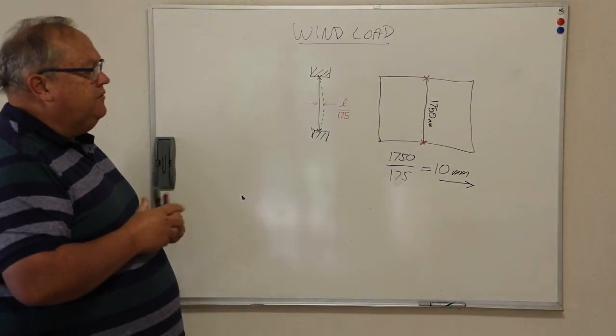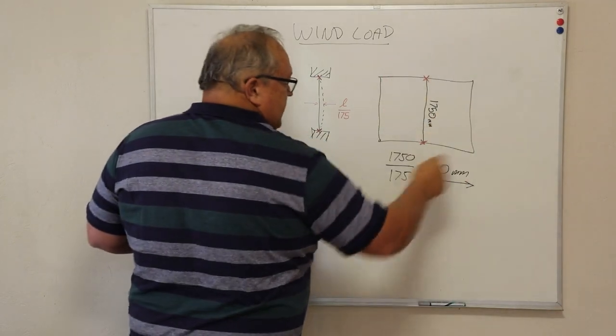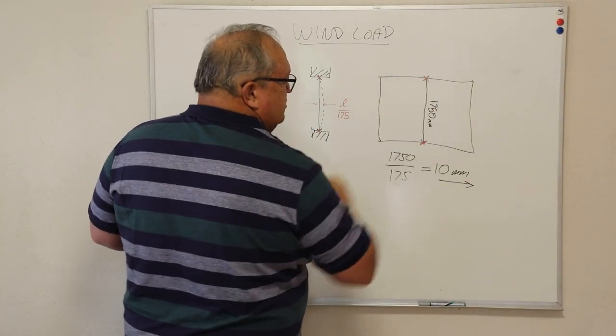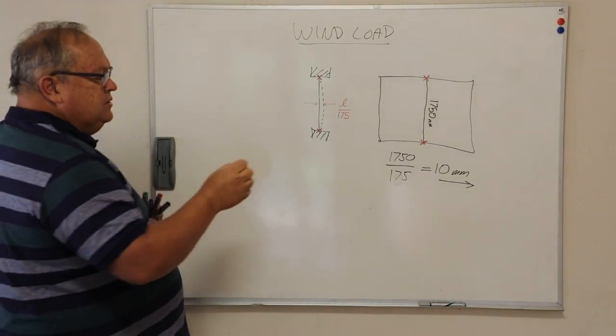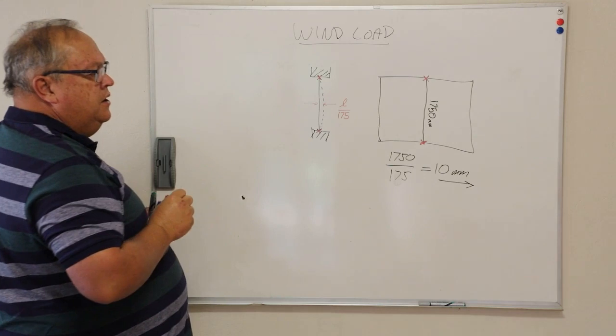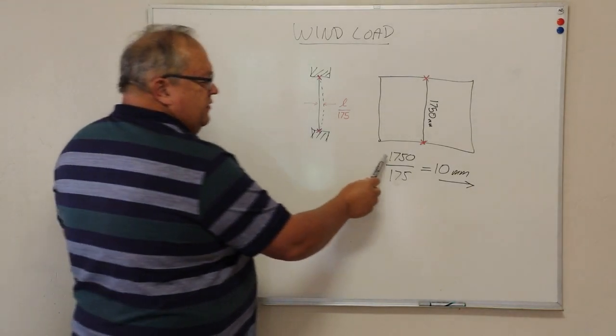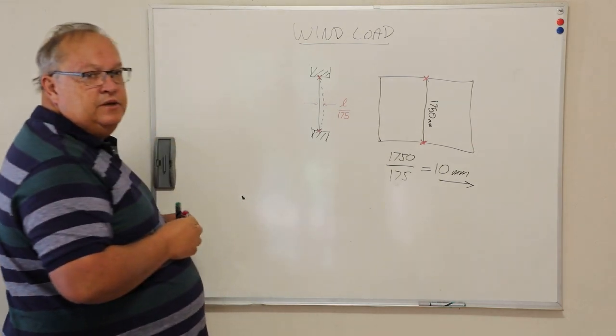In other words, if I have a window which is about 1800 high and my mullion is 1750 long, the maximum amount that this profile may deflect is 1750 divided by 175, which equals 10 millimeters.